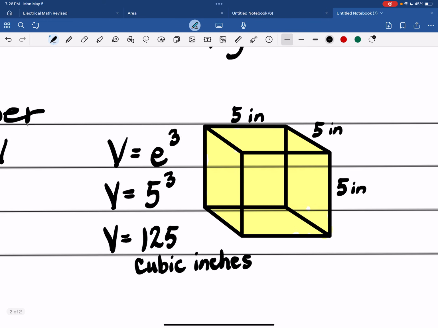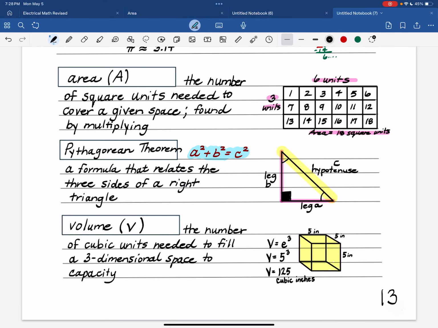So it would take 125 inch cubes to fill this space to capacity. And you could stack those cubes perfectly into that space. It's a very organized filling of the space. We're not just throwing them in there. We're stacking them in there in order so that we fill the space to capacity.